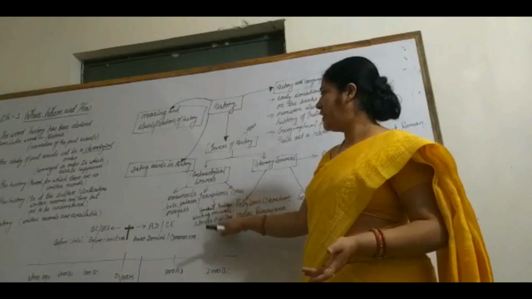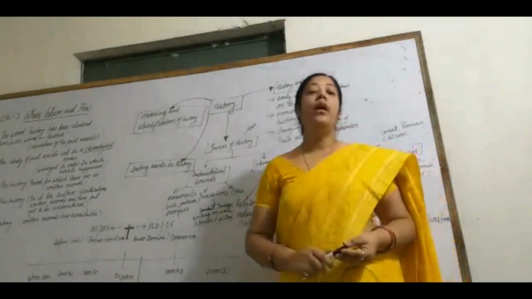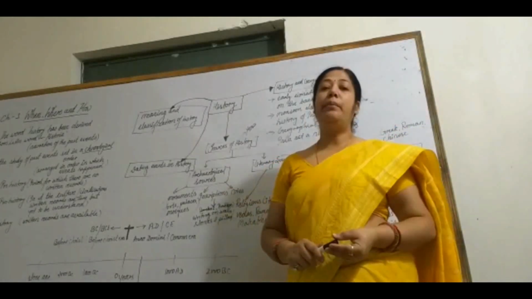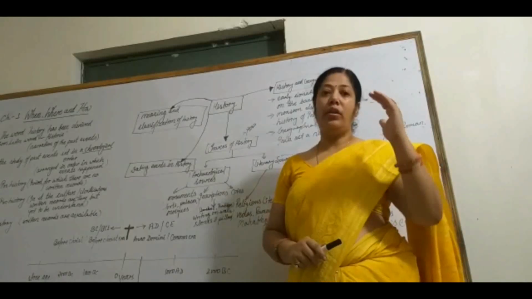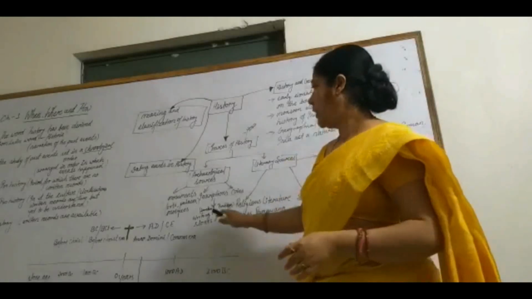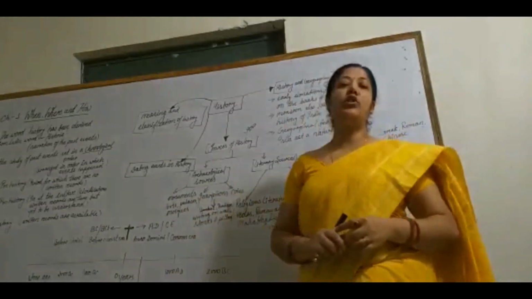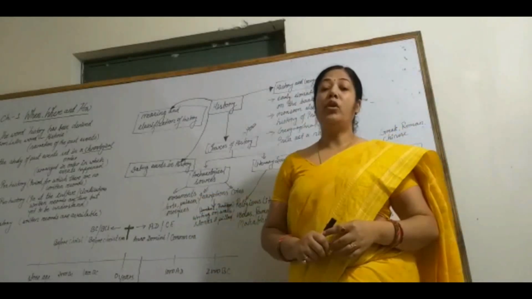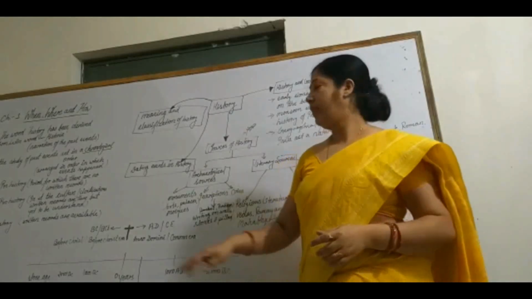The most important example of inscriptions is the iron pillar, which was built by Ashoka, and on that pillar the teaching of Buddha has been written. The example of monuments is the Taj Mahal, built by the Mughal Emperor Shahjahan.